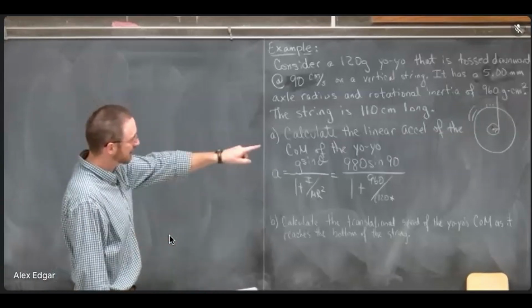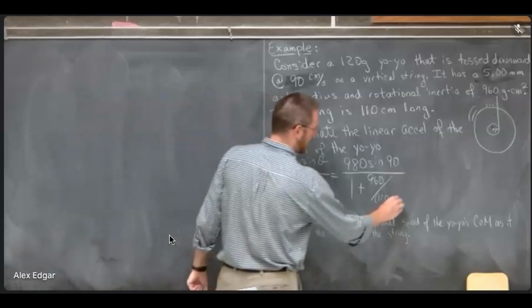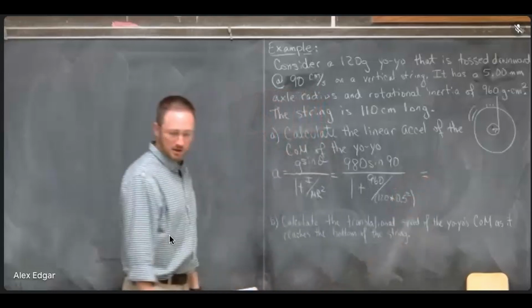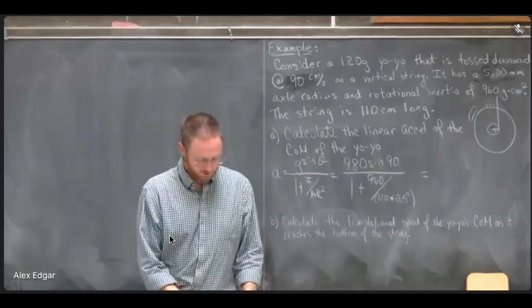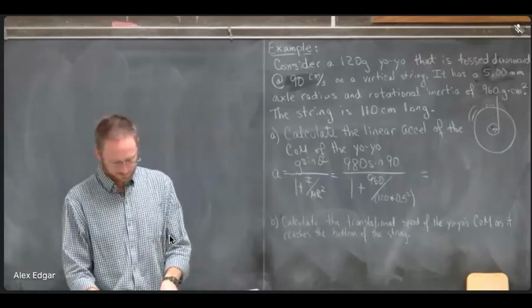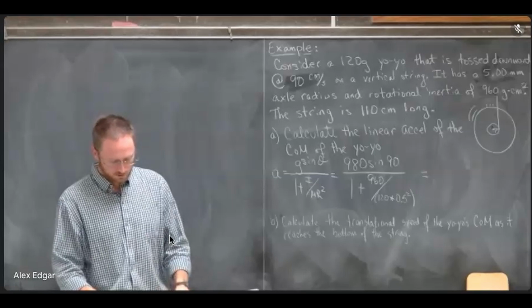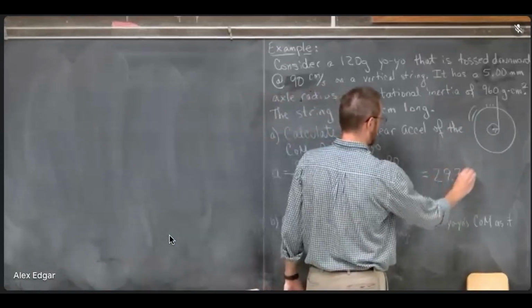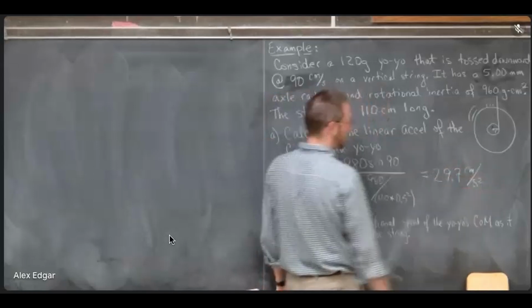So that's going to be that little tiny r there, 0.5, and don't forget to square it. Now, when you stick those in the calculator, you should get 29.7 centimeters per second squared.